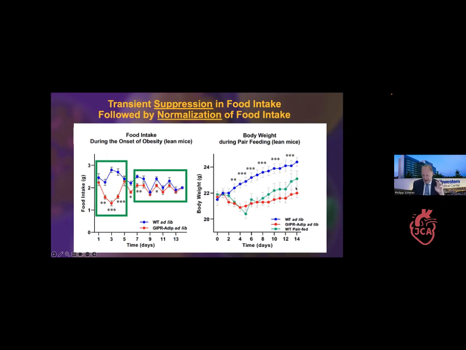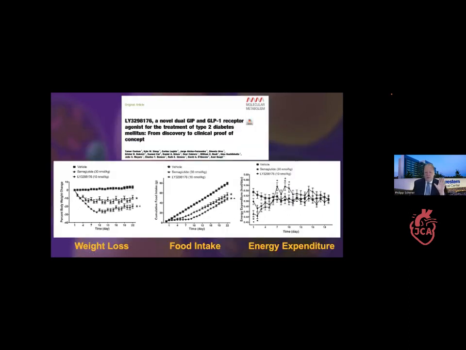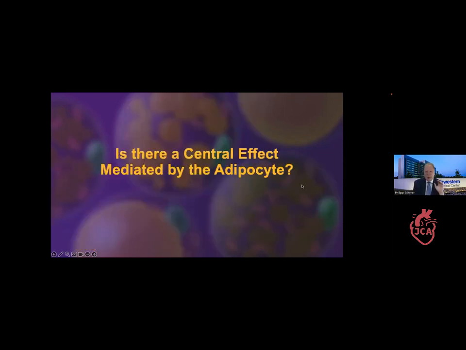There is an energy expenditure component here as well. So both of these mice eat the same amount. However, the GIP receptor fat is actually much more effective. And again, it does look very much like the weight loss clinically, the food intake phenomenon, the energy expenditure is pretty much overlapping with what you would get with these dual agonists.